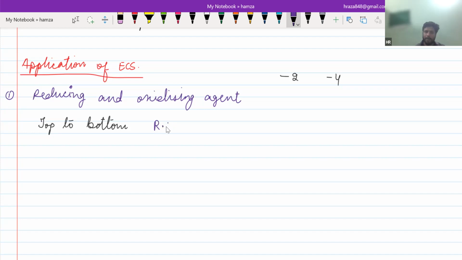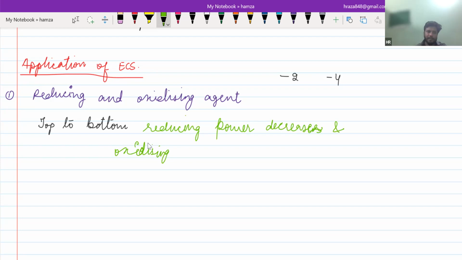reducing power decreases, and oxidizing power increases.